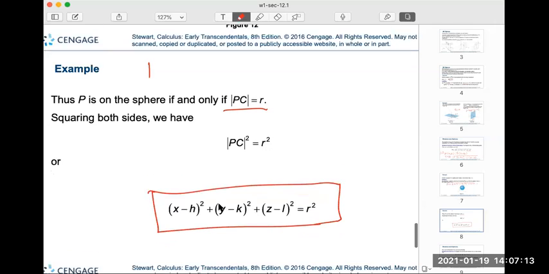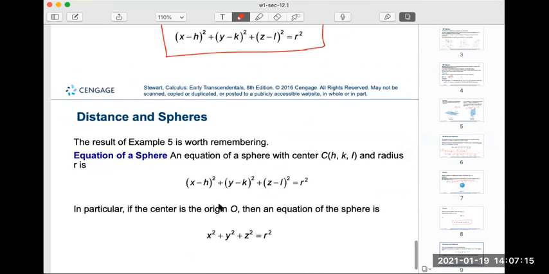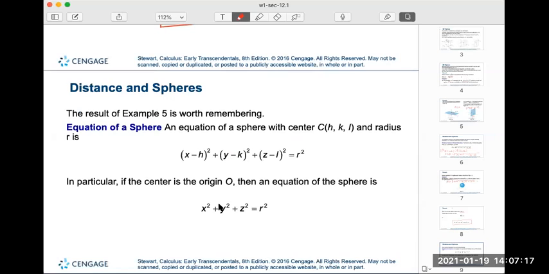Okay. So in general, this is the general equation of a sphere, right? If the sphere is centered at the origin, it means h, k, and l are all zero.